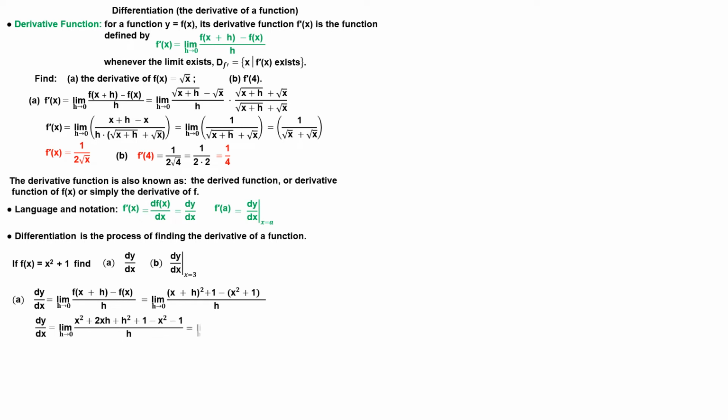Let's evaluate the limit. Item B means dy dx at x equals 3. So we replace x with 3.